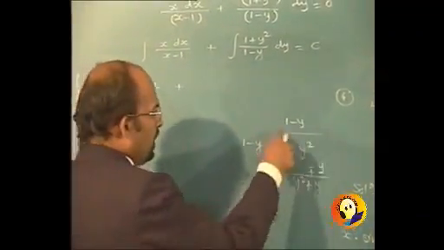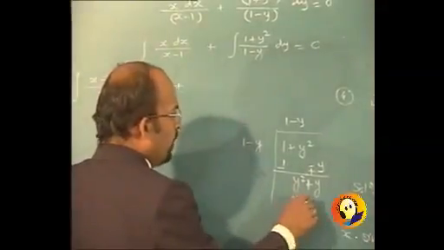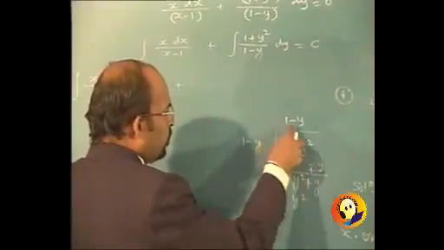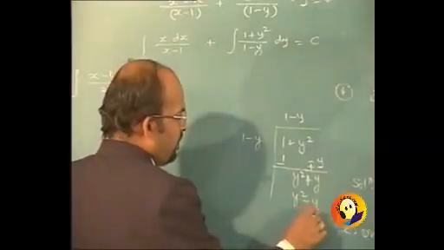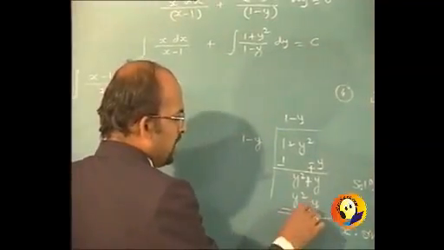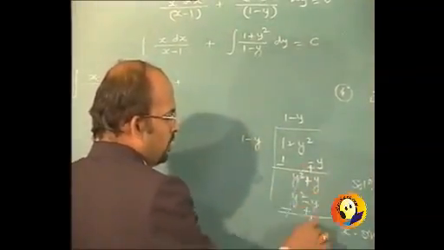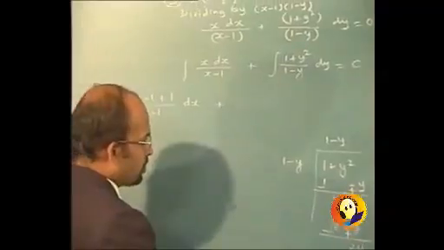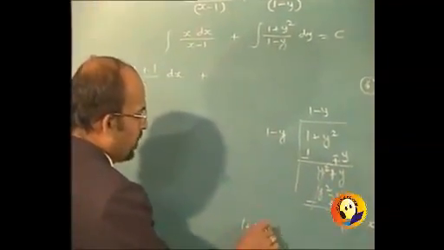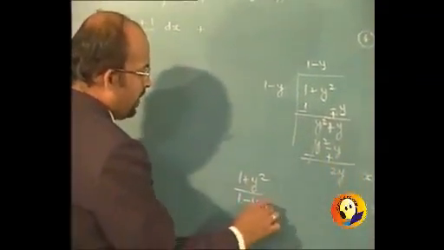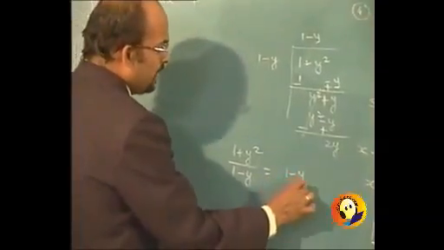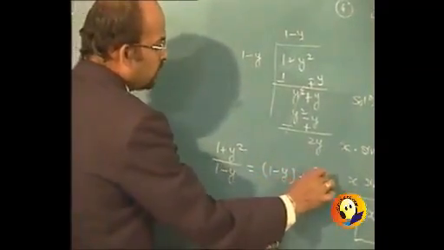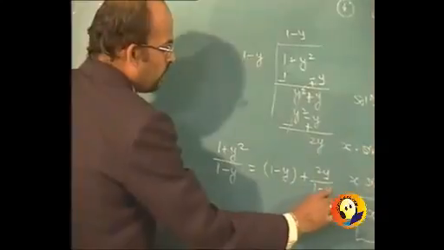And so when you multiply by minus y, it will be y square, and of course the first term, which is minus y. As you change the signs, this will cancel out, this will be 2y. And so we can think of writing it as 1 plus y square upon 1 minus y is equal to 1 minus y plus 2y upon 1 minus y.